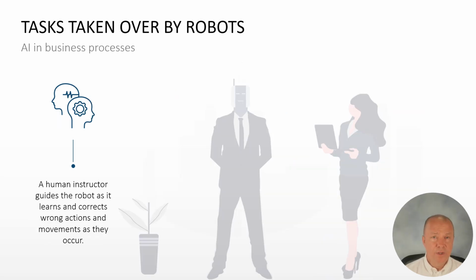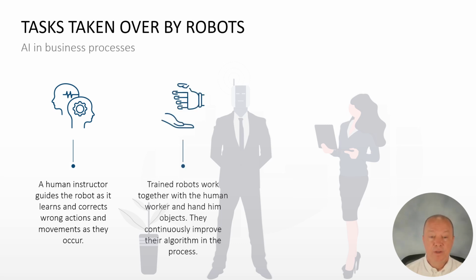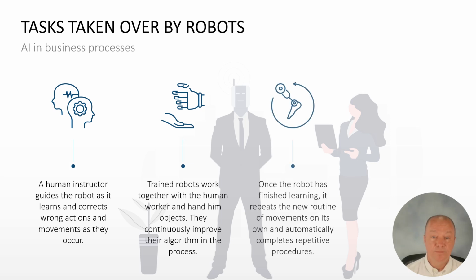AI can also bring value to our business processes. A human instructor could guide the robot as it learns and corrects wrong actions and movements as they occur. Trained robots work together with the human worker and hand him objects. They continuously improve their algorithm in the process as well.